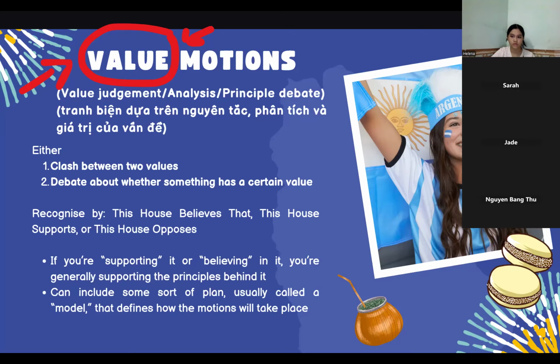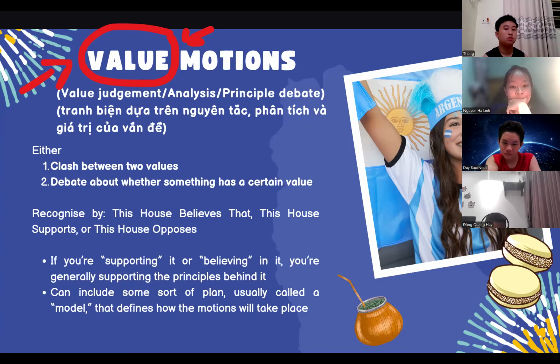I think that probably it compares between two beliefs. Yeah, I think so. Can you give an example?